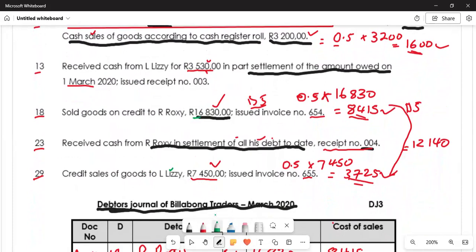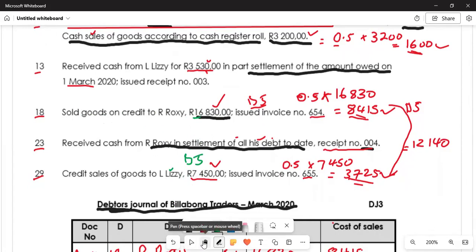So it means we are going to add these two, and the total amount of these two is going straight into the debit side of our debtors control for the goods that we sold on credit to these two customers. So take note of that. These two are our DJ, debtors journal.